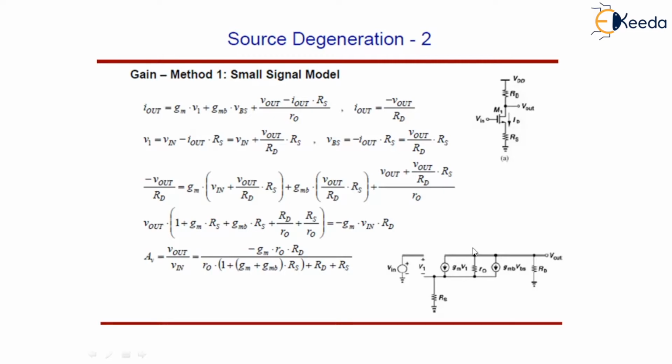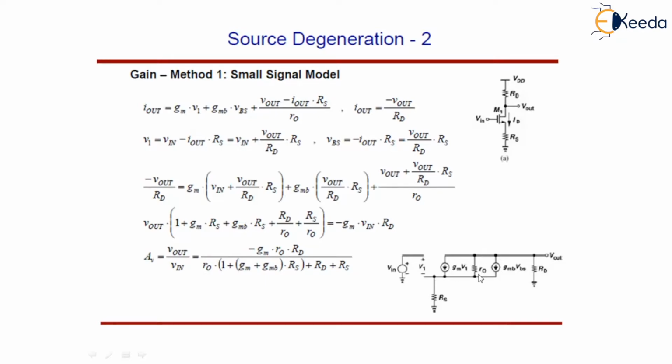Now how can we calculate the current in R0? Simply by subtracting the voltage at this node from the voltage at this node and dividing by R0. The voltage at this node is V_out, as they are in parallel. The voltage at this node will be I_out RS.